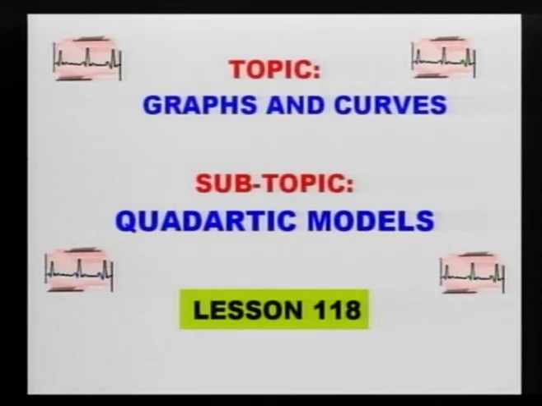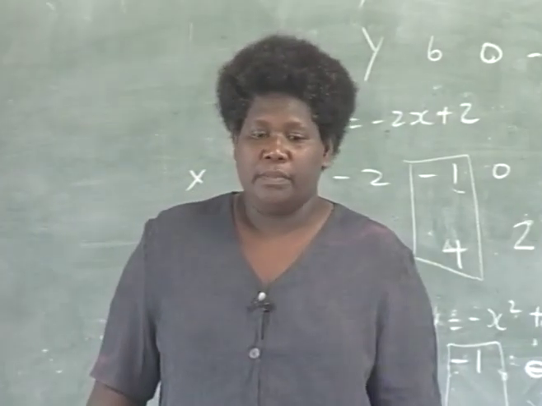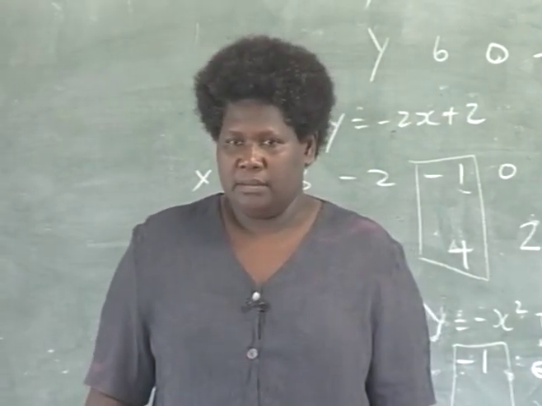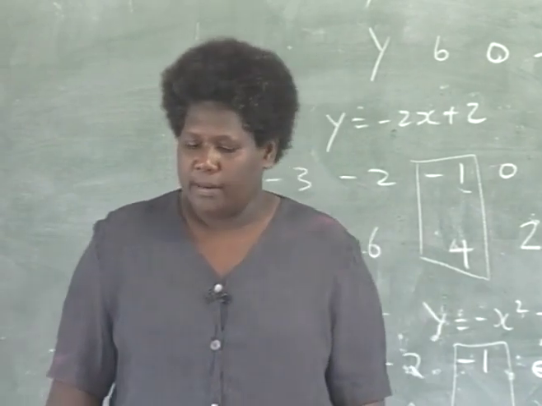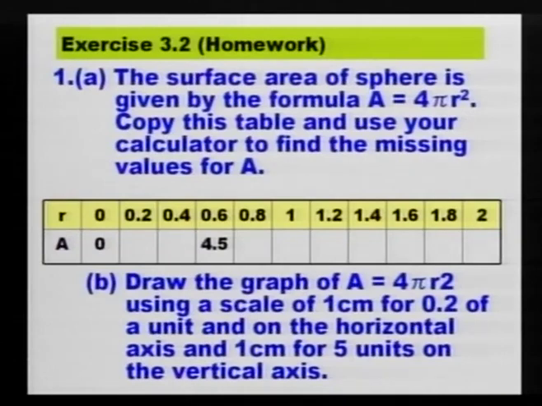Okay, just like there are linear models, there are also quadratic models. Those are graphs that you can also draw from experiments. Like question 1 on the screen, I would like you to fill in the table of values that's on the screen.